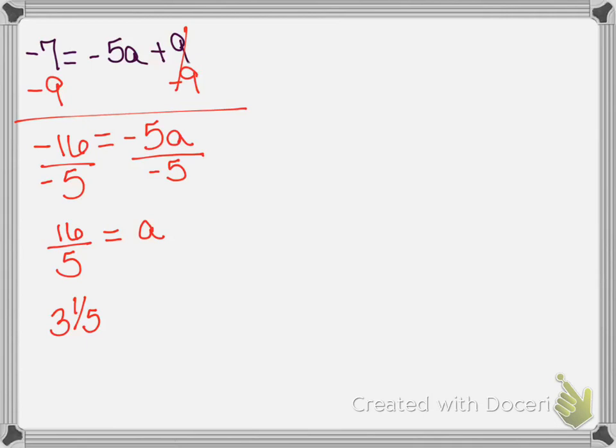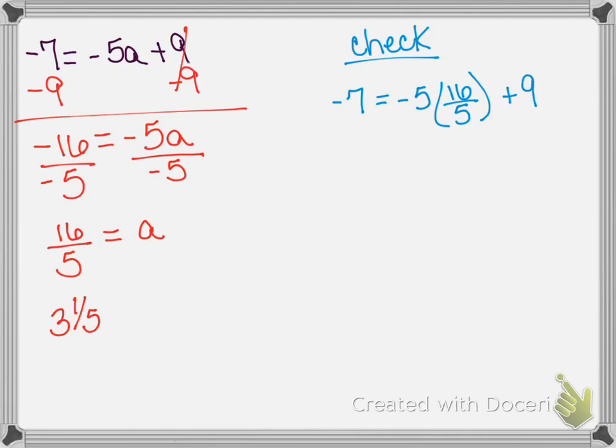Okay, I want us to check it. I know you're tempted not to check it because it's got a fraction. But we have to deal with fractions, so we might as well continue to deal with fractions. Okay? I have negative 7 equals negative 5 times 16 over 5 plus 9.